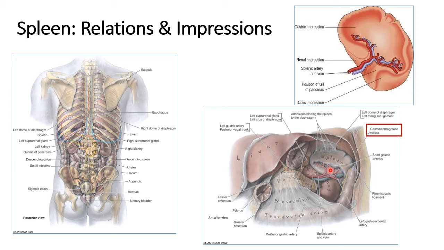Each of these relations will produce an impression. This is the gastric impression, related to the stomach, this is the renal impression related to the left kidney, and this is the colic impression related to the left colic flexure, and towards the hilum there should be the impression of the tail of the pancreas. So gastric, colic, renal, and then the position of the tail of the pancreas in this area, and that's the impression produced by it.